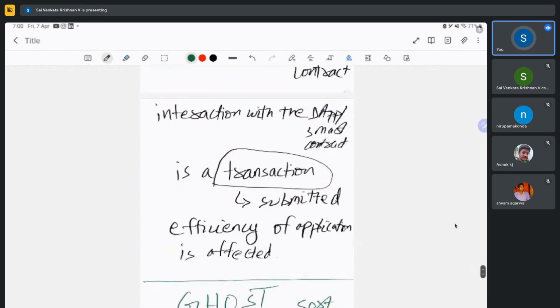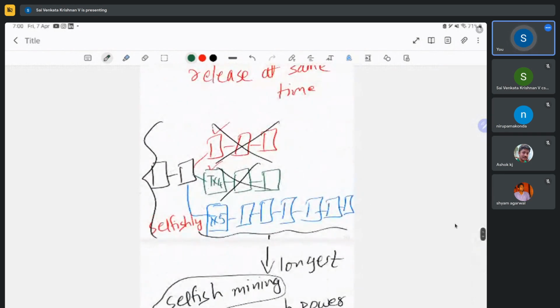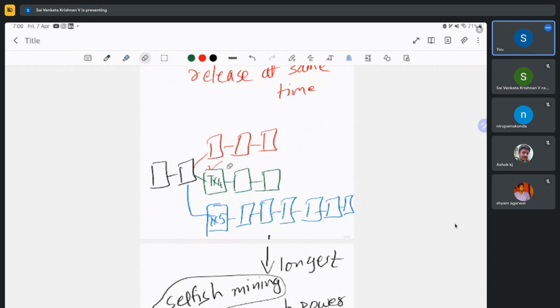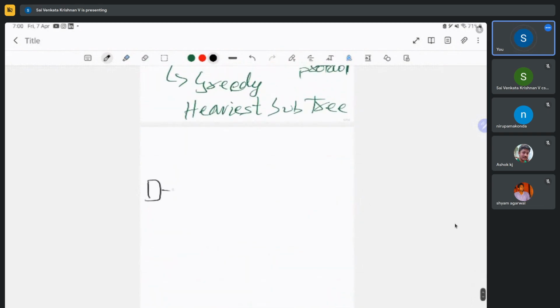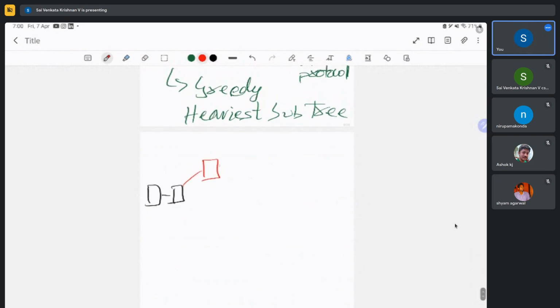Okay. So usually, in this mining centralization that we discussed, which one is the longest chain? Let me draw it over here. Say we have something like this.